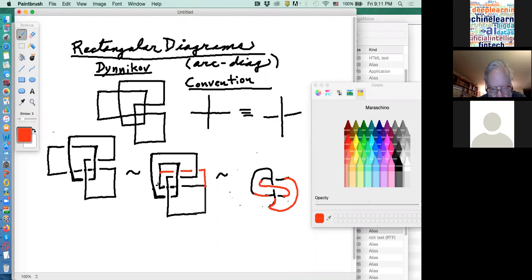I'm going to move this arc. This horizontal arc is in between the endpoints of this, or in between the endpoints of that one. So this is entirely underneath, and it can be shifted up across a rectangle underneath to here. And then we can remove this. So we begin to discover moves that are in the category of the rectangular diagrams that can be made.